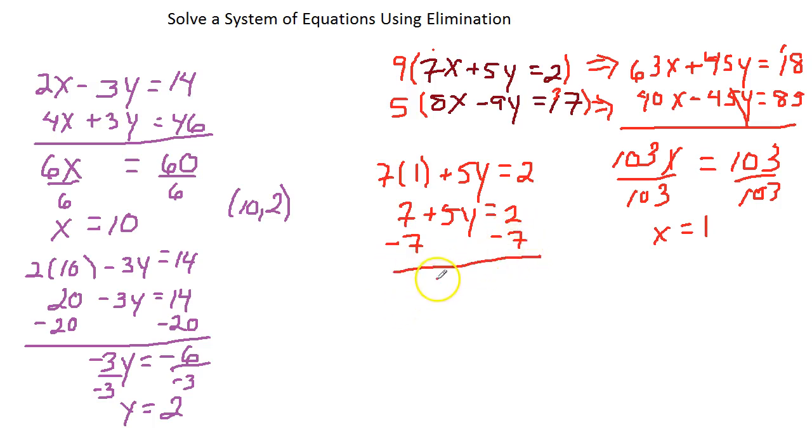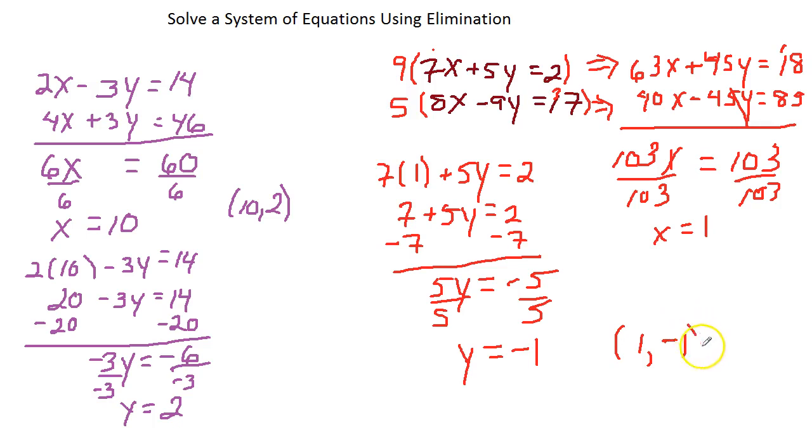Oh, this is going to be nice. 5y equals negative 5. Divide by 5. And we get y equals negative 1. So our solution to this system is 1, negative 1. All right, here we've solved the system of equations now using elimination. Happy eliminating.